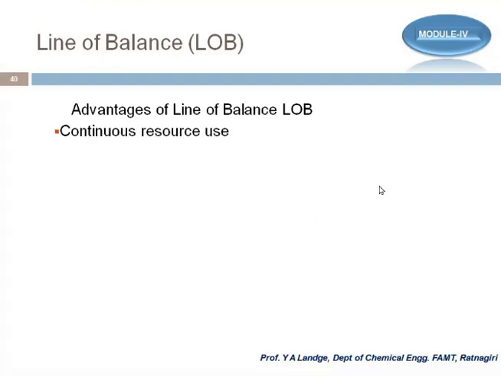It will give continuous resource use. With the help of this line of balance, we can get an idea about continuous resource use. For example, I would like to give the example of the construction of a building. While constructing the building, you may require a mixer where we mix the gravel, sand and cement, for the beam, the pillar or the slab.